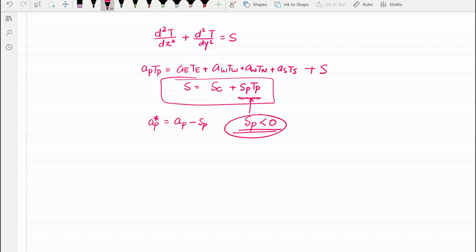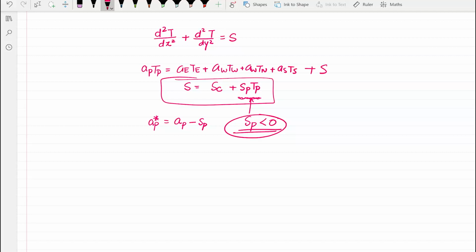So we should always try to break down this source term in such a way that it can be represented as SC plus SP into TP, where SP could be negative. So you can take any example of a nonlinear equation, try to break it down in such a way that SP is negative and the multiplication SP TP is there, and there are no higher powers of TP. Otherwise, that would be a nonlinear problem again.